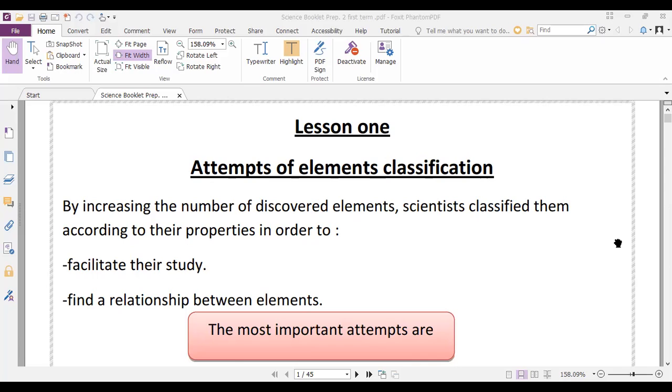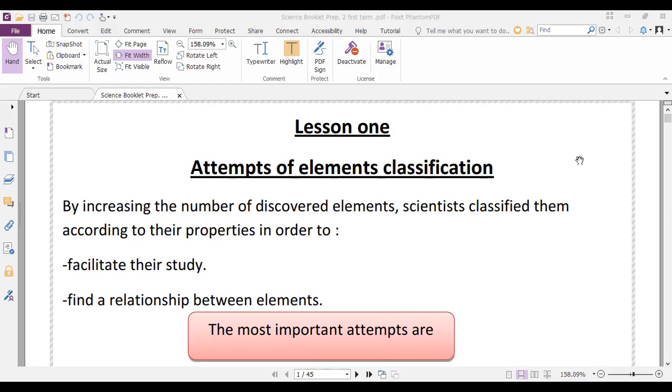Okay, try to read, Hussein. By increasing the number of discovered elements, scientists classified them according to their properties in order to facilitate their study. Number 2, to find the relationship between elements.